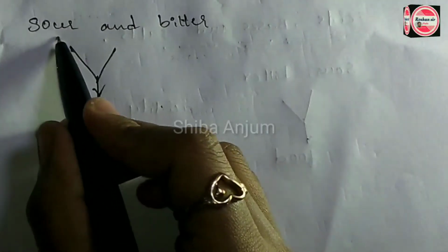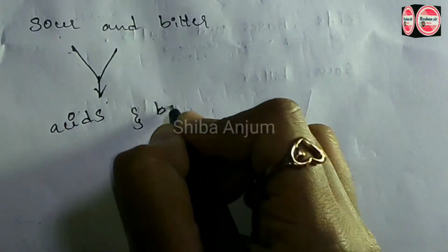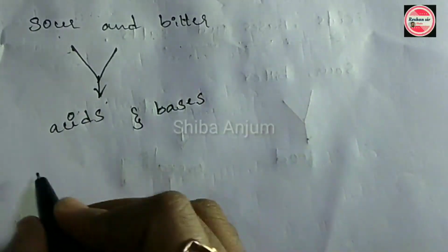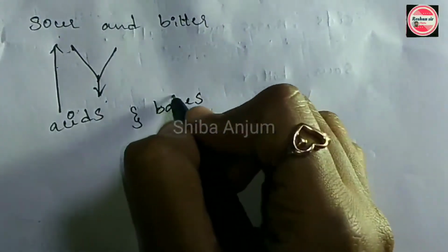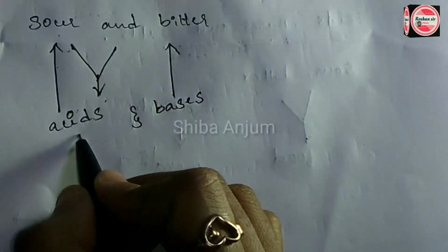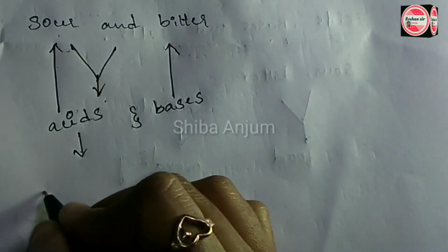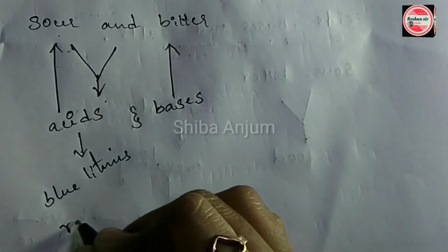As we know that sour and bitter are acids and bases, it means that acids are sour in taste and bases are bitter in taste. And acid changes its color from blue litmus to red.